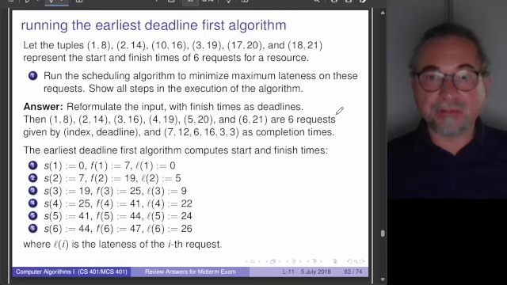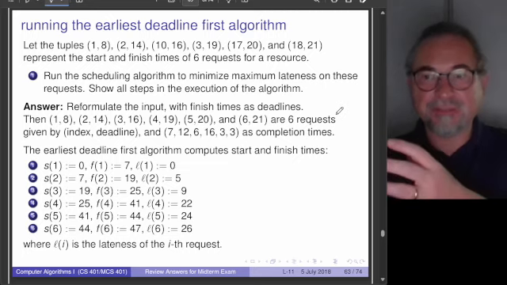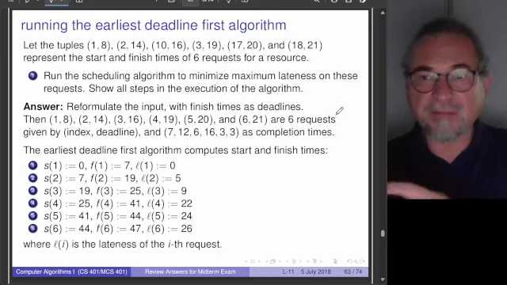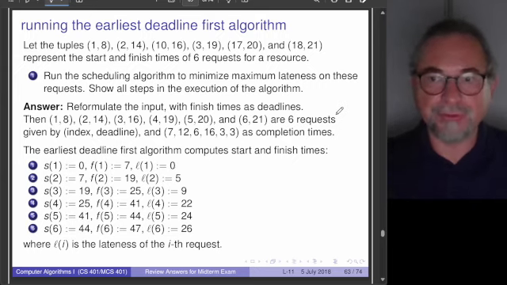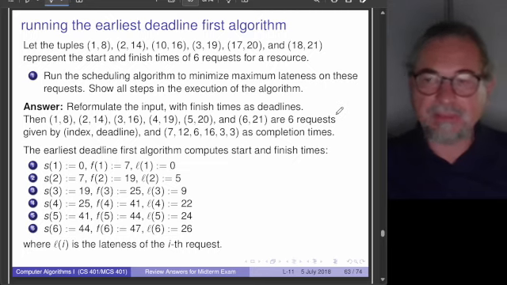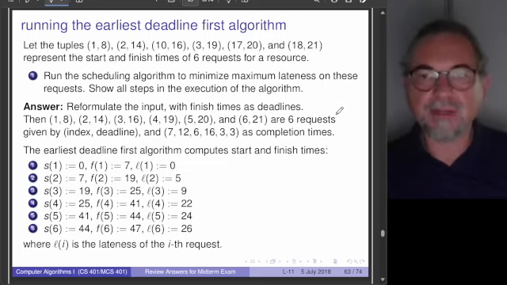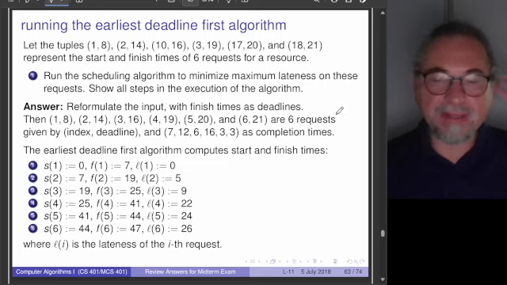Now you could interpret this as these finish times being the desired finish times. Think of a contractor who has to do a job for you. You would really like it to be done before that time, but it should be done anyway. So if it can't be done, then you know what, make it happen.